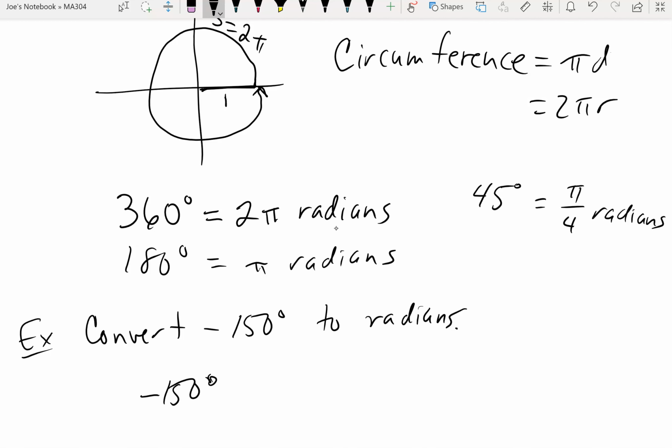So I would need to multiply by, well, let's think about units, if you will. If you're a chemistry person, you deal with units all the time, right? I want to divide out the degrees and multiply in the radians, doing that dimensional analysis kind of thing, right? Sounds like a chemistry thing, doesn't it?